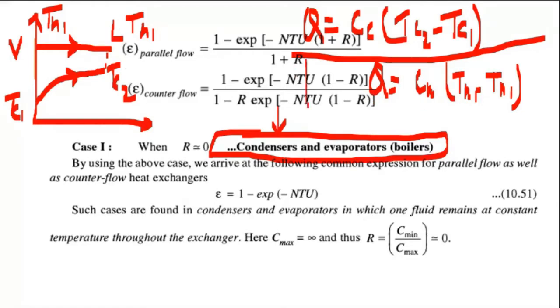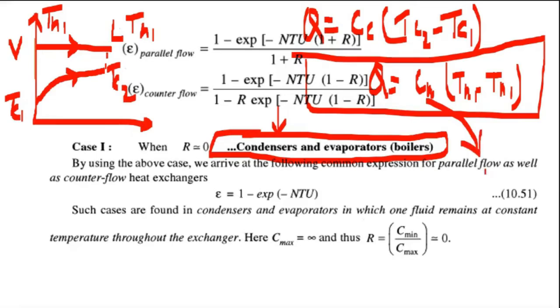So this relation cannot be used to find the rate of heat transfer, but we can use it to find what the heat capacity for the hot fluid will be. So CH is equal to Q divided by (TH1 minus TH1), and TH1 minus TH1 is nothing but 0. So can you tell me what the CH value will be for this case? Not defined.